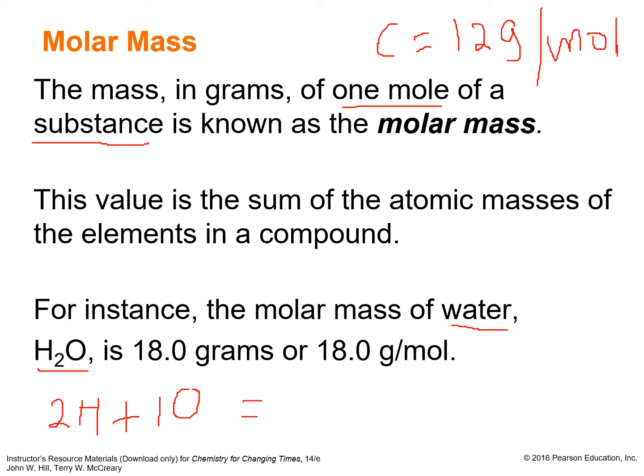You look at the periodic table and see that the atomic mass of hydrogen is 1, so it will be 2 times 1, plus the atomic mass of oxygen, which is 16. So 2 plus 16 is equal to 18. So 18 grams per mole, or 18 grams in 1 mole, is the molar mass of water molecules. We can say that there are 18 grams of water molecules per mole of water.